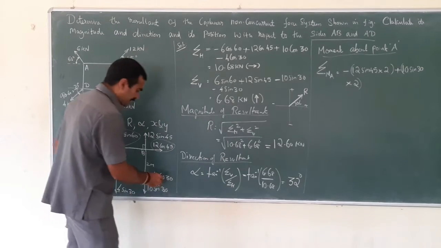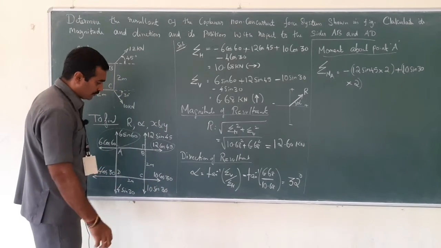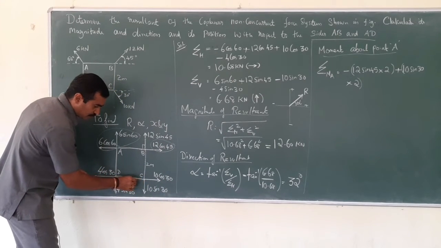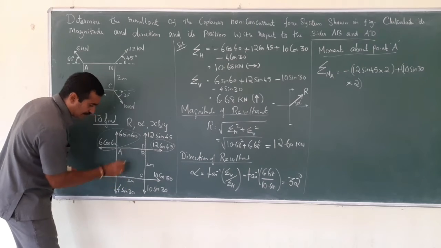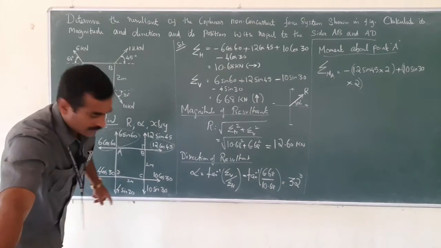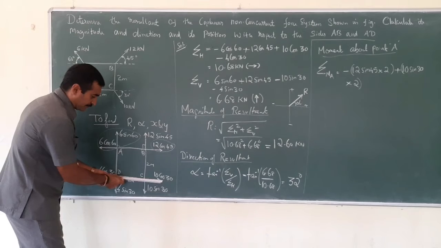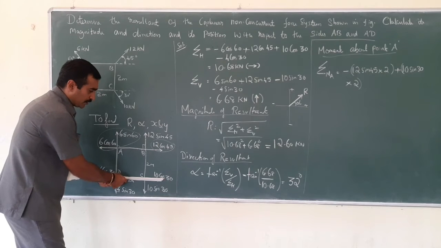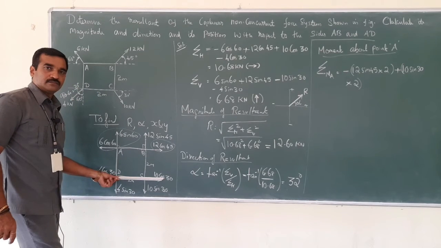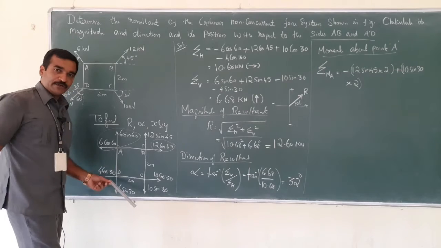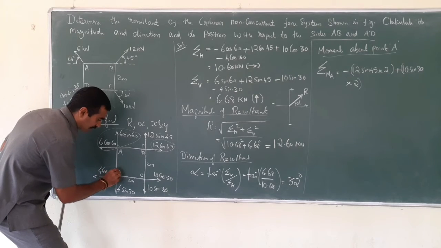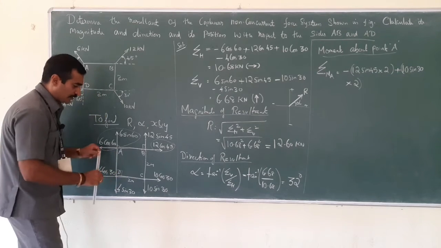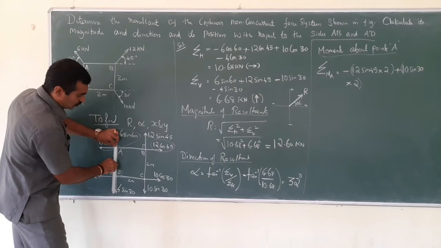And what about this force? I am going to use the principle of transmissibility here. The point would be at C. Now at the C point, the force is somewhere here, right? Look at here. Does it have any perpendicular distance? Yes, it has a perpendicular distance from here. It's 2 meters. Now the object is in this position.